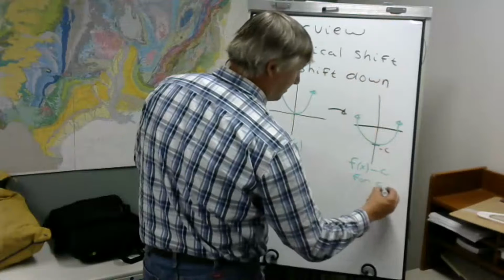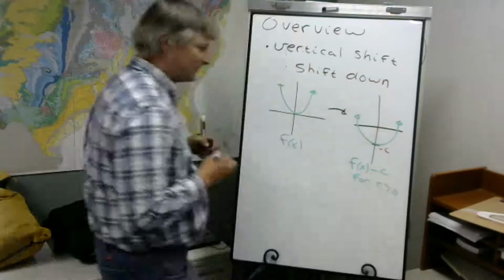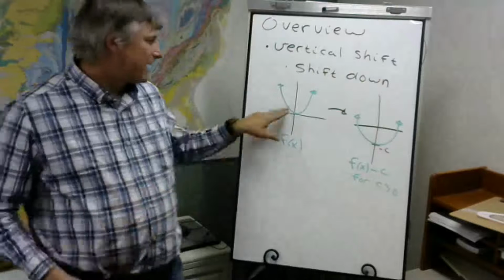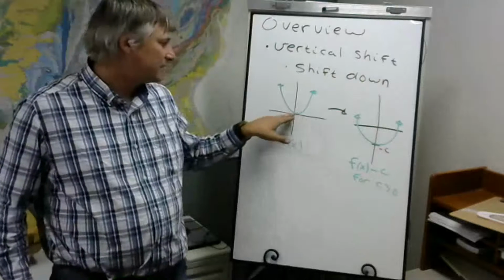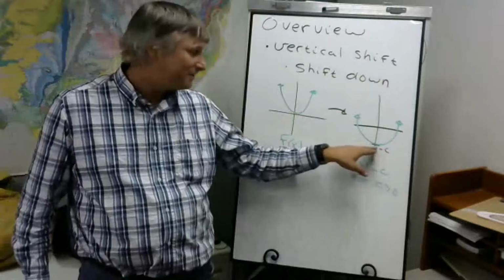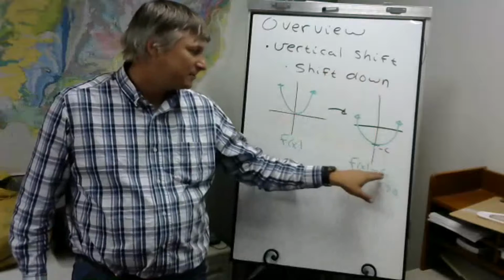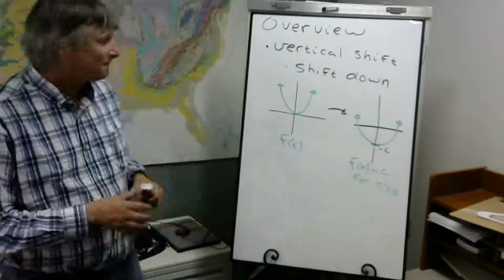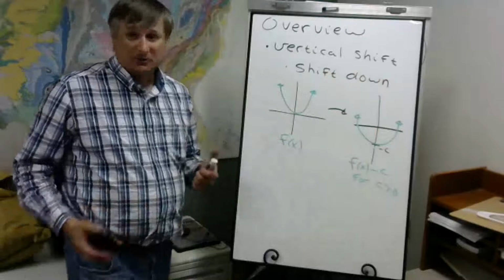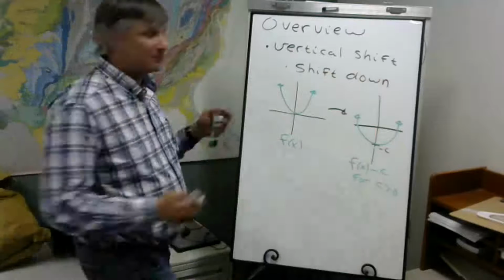And we're still subtracting a positive c here. So if we want this parabola shifted down where the vertex here is at -5, do f of x minus 5, and that'll do it. So that's your vertical shift. Horizontal.